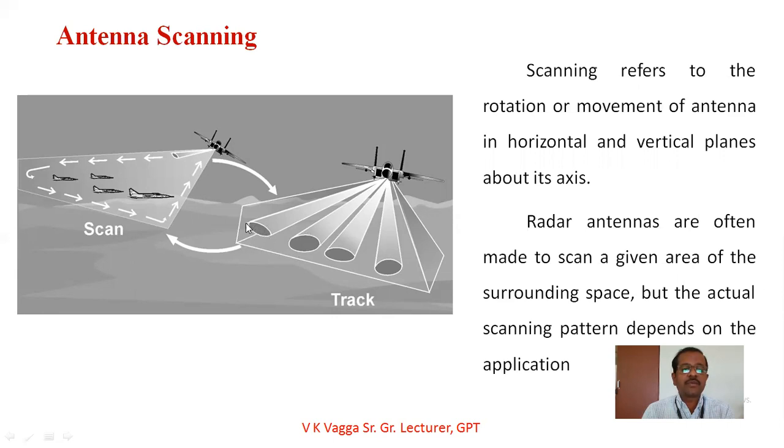You can see this is the scanning area of track 1, this is the scanning area of track 2, etc., in that way. So it is going to scan a given area of the surrounding space, but the actual scanning pattern depends upon the application you are using. Is it going to scan the actual target, or is it going to scan any metal, etc.? According to the application you are using, it is going to scan only the particular area.